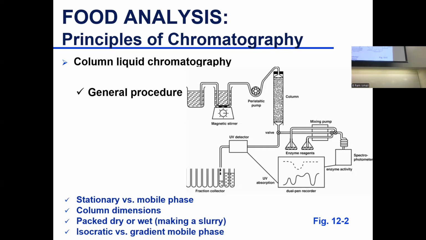Would it also include changing the temperature of the column over time? Yeah, changing temperature, because that would change viscosity and how fast we reach equilibrium. And changing the rate. But mostly when we talk about gradient mobile phase, we are talking mostly about changing the constituents of the solvents that we're using.